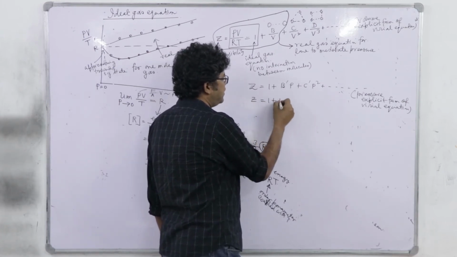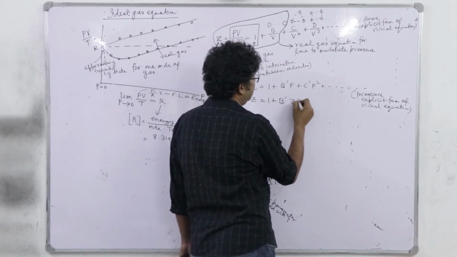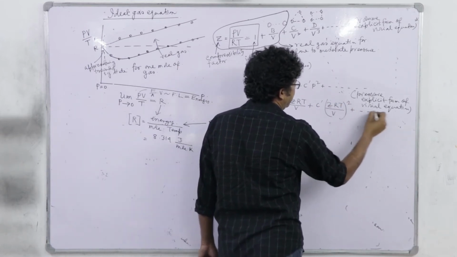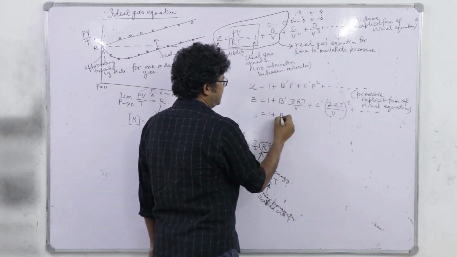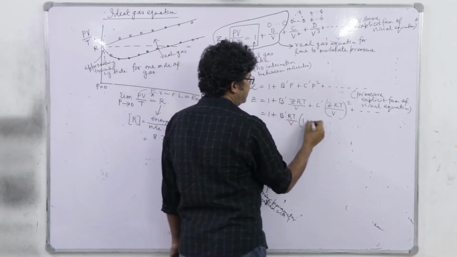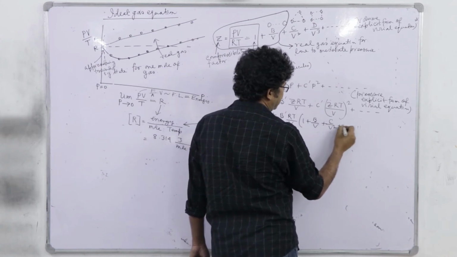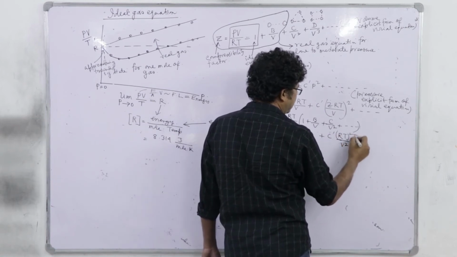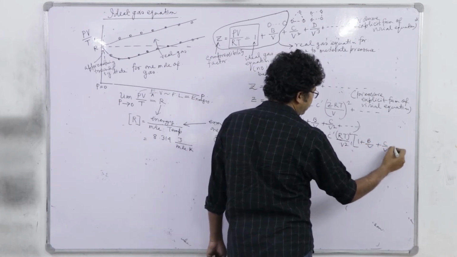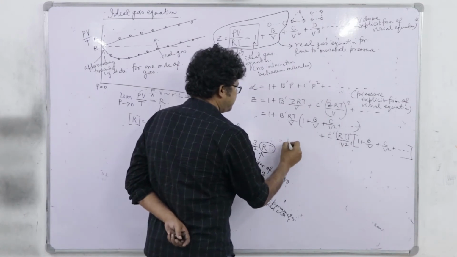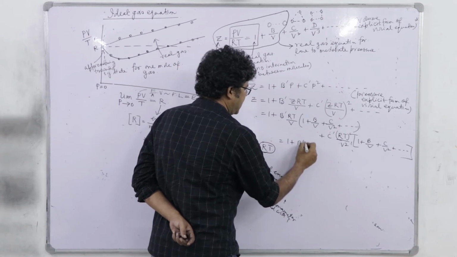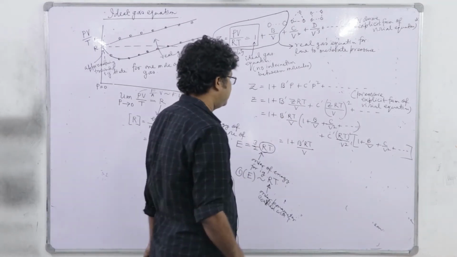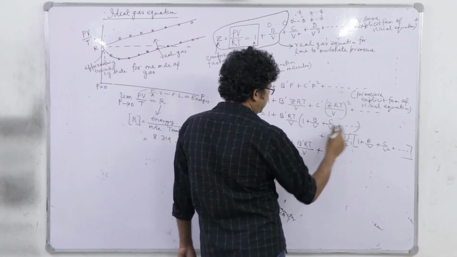You see, P is equal to ZRT by V, so Z equals 1 plus B prime P plus C prime P square, and P is ZRT by V. So, if I write this as 1 plus B prime RT by V, and Z in the volume explicit form, 1 plus B by V plus C by V square, etc. So, 1 plus B prime RT by V is the first term, because there are no other terms having a denominator of V, right. The second term will be this, giving a V square.